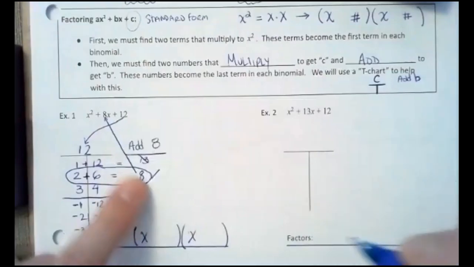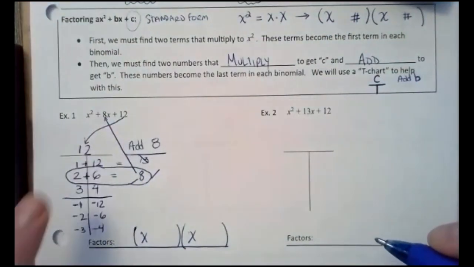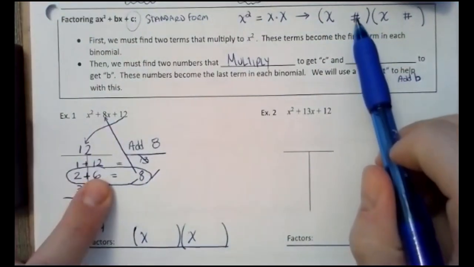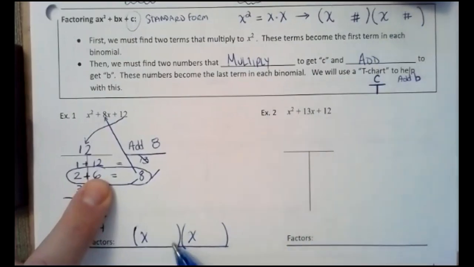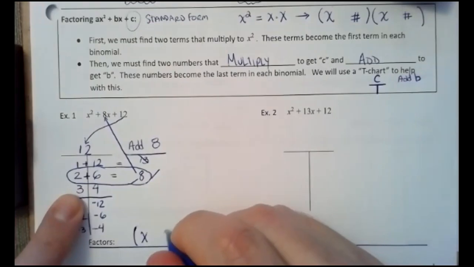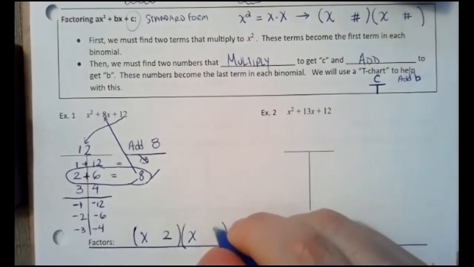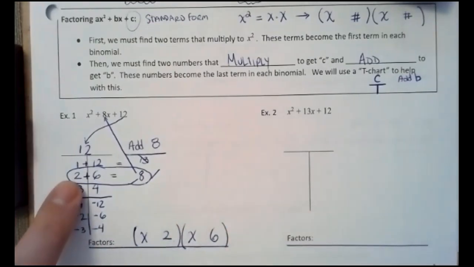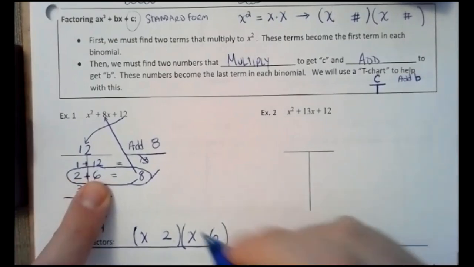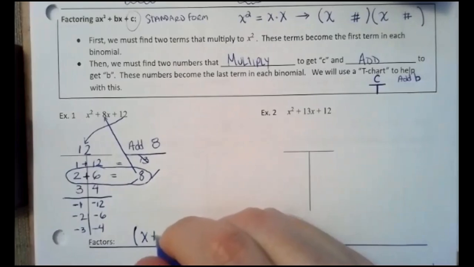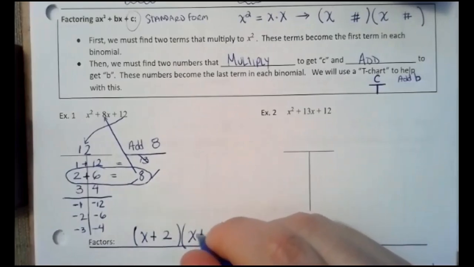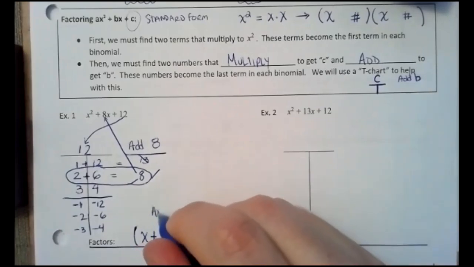Since we found the pair that makes the middle term, I'm going to take these two numbers and put them after each x, one at a time. I'm going to put a 2 here and put a 6 there. Because my 2 and my 6 were positives, we're going to put plus signs. And this is our answer.